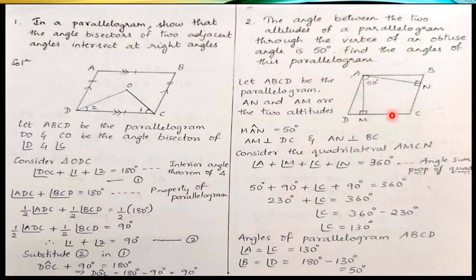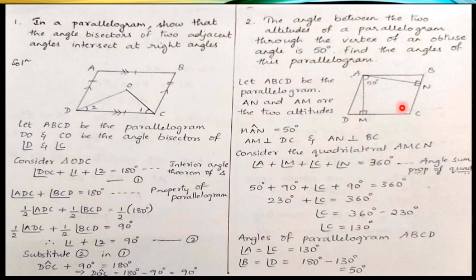Now if one angle of a parallelogram is known, you can find the other three angles. We know that opposite angles are equal in any parallelogram. So angle C is equal to angle A. They both are equal. If C is 130 degree, angle A is also 130 degree. And we know that the adjacent angles are supplementary.